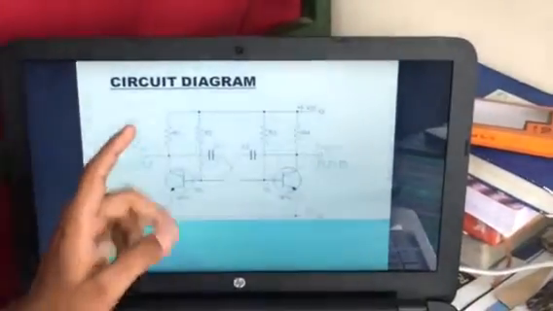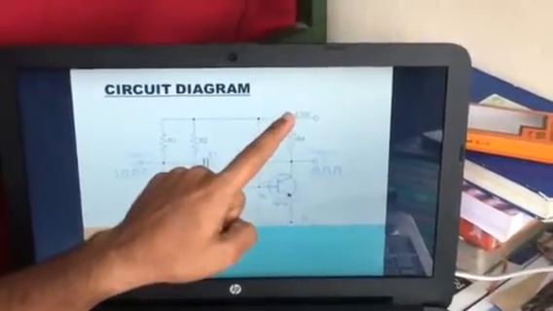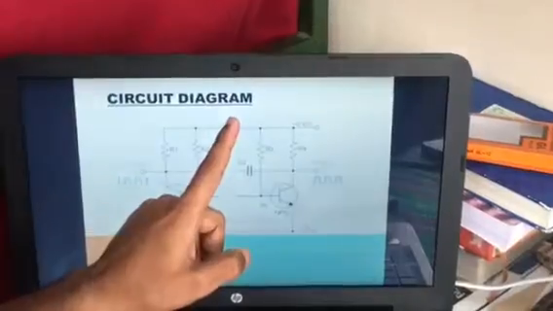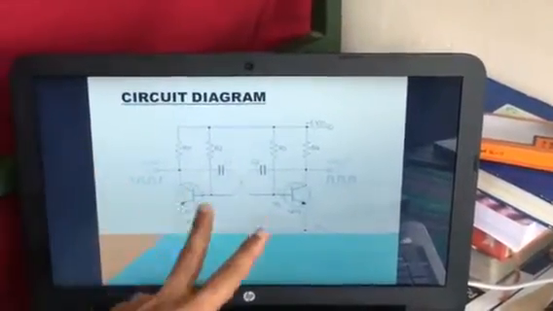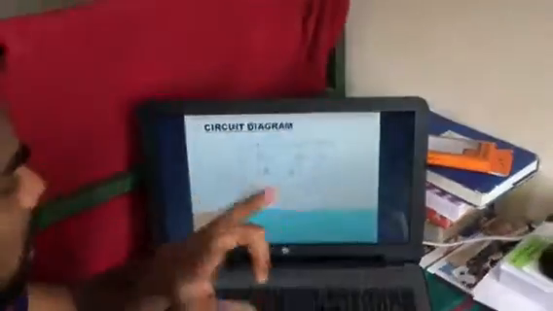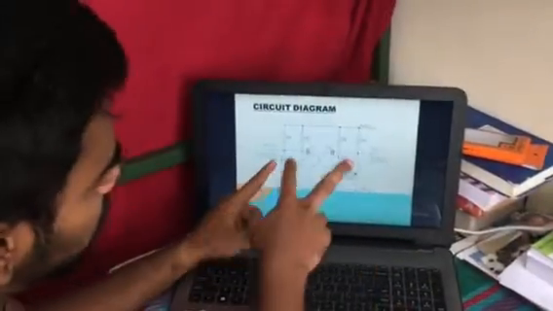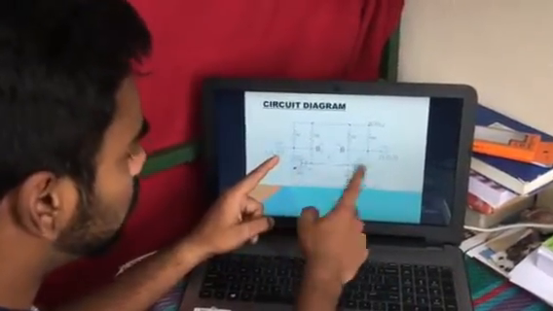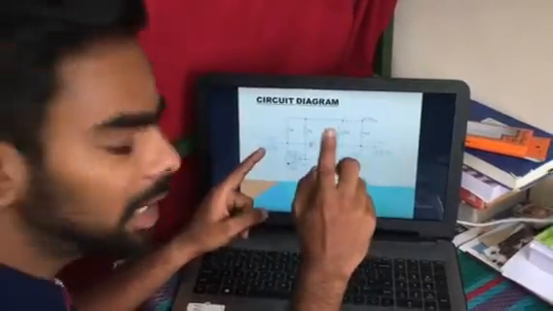What happens is we get a positive supply which is given to the transistors. Never can two transistors be identical, and of both of them, any one can conduct at one time.